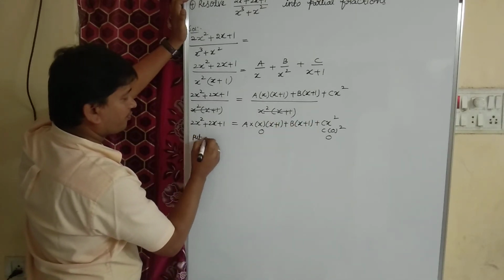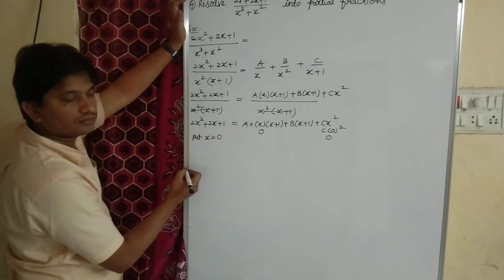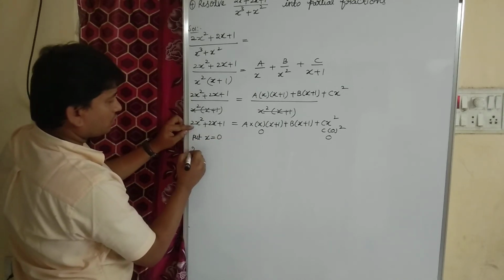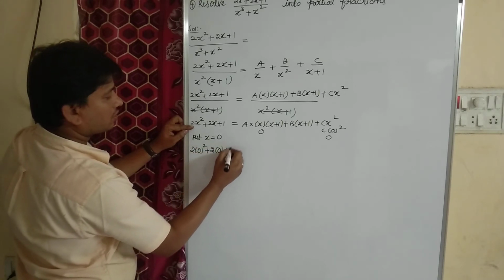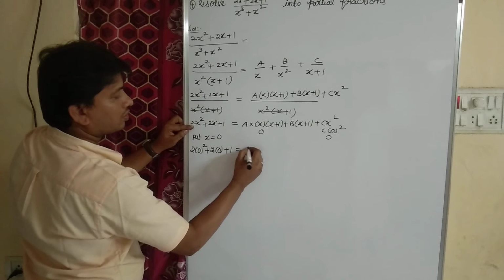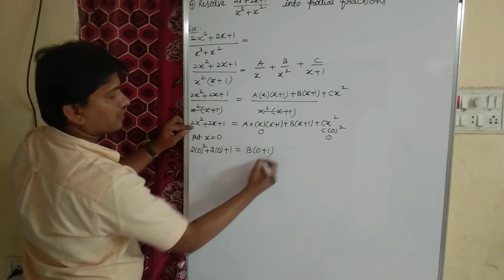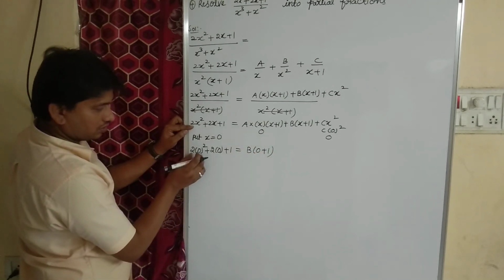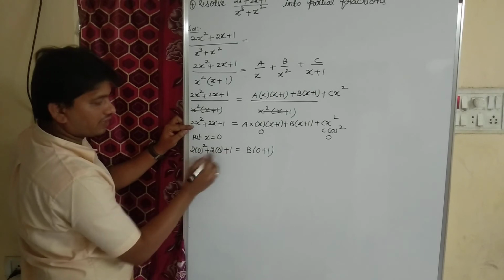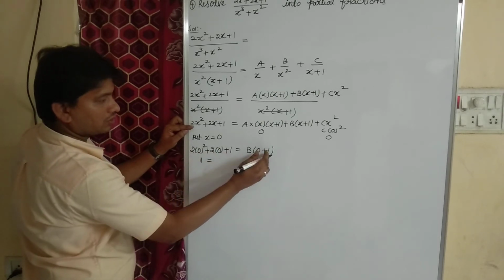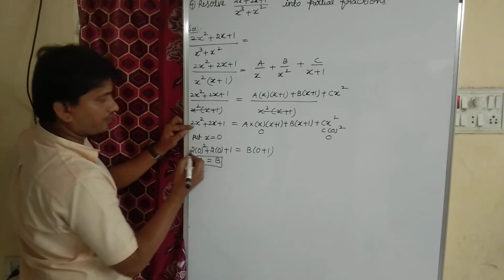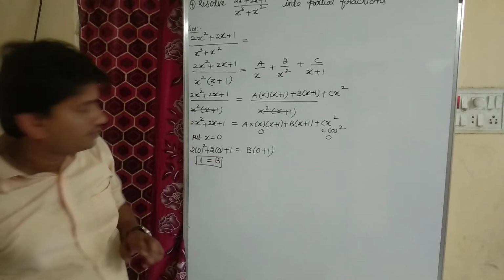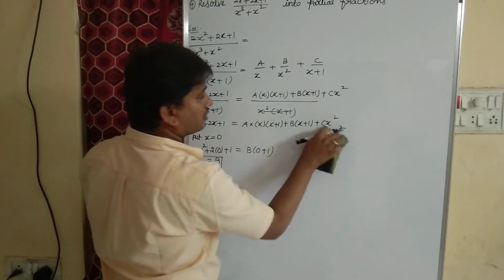So put x equal to 0, 2 into 0 square plus 2 into 0 plus 1 equal to b into 0 plus 1. This term 0, this term 0, you will get 1 here. 1 equal to 0 plus 1, 1 into b. So what is the value of b? B value 1. Right? We got the value of b is 1.